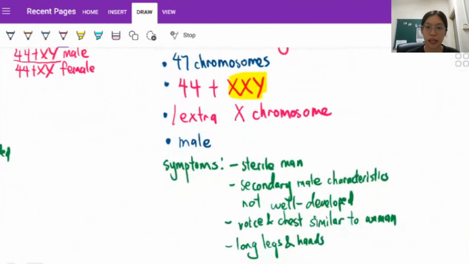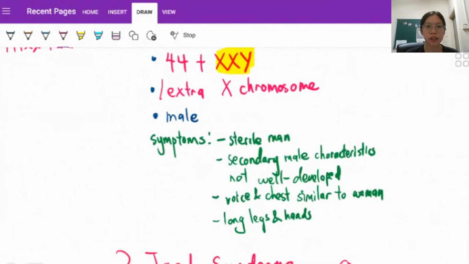Because the symptoms you can see right here: the voice and chest are very similar to women, long legs and hands, and their secondary male characteristics are not well developed. They are sterile men because their testes fail to produce sperm.